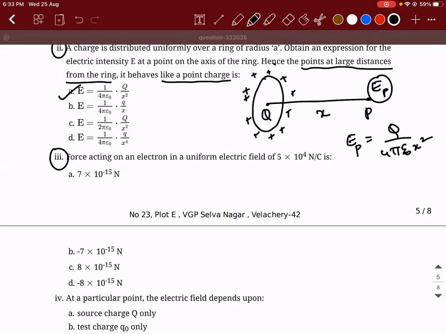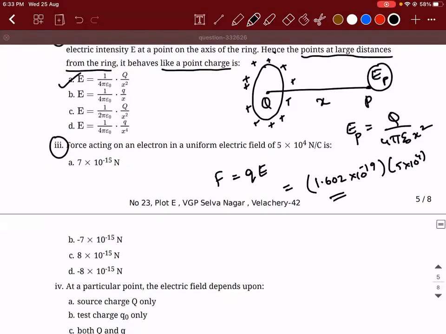Force on an electron in a uniform electric field. Varun, tell me what is the relation between force and electric field? F is equal to Q into E. So charge is 1.602 into 10 power minus 19 multiplied with 5 into 10 power 4.